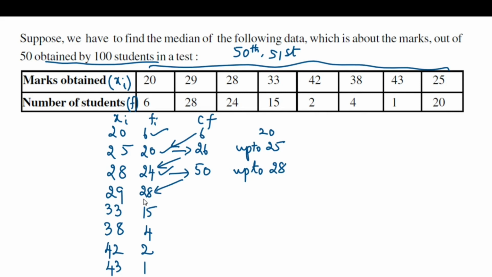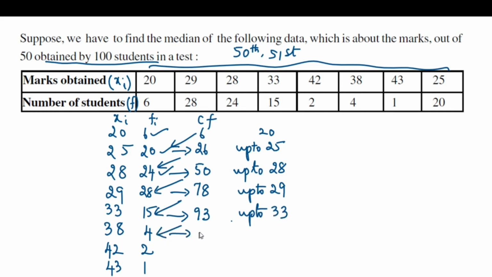Then add 28, we will get 78. This is up to 29. Then add 15, we will get 93. This is up to 33. Then add 4, we will get 97.